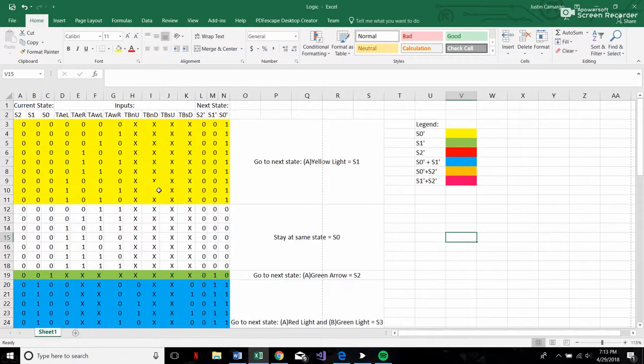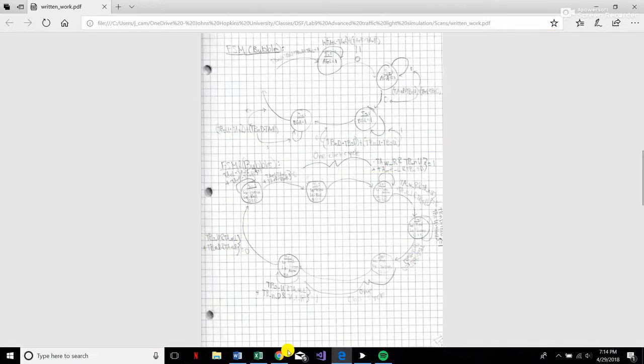Basically just showing how the inputs relate to the next state logic. And as you can see from this legend, I encoded the bits and I created Boolean equations from that. And this is a little legend to relate the actual input names to the variables I assigned to those names.